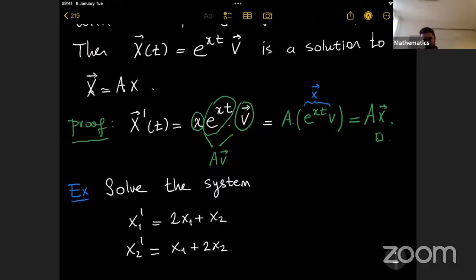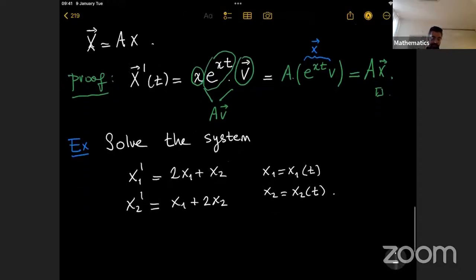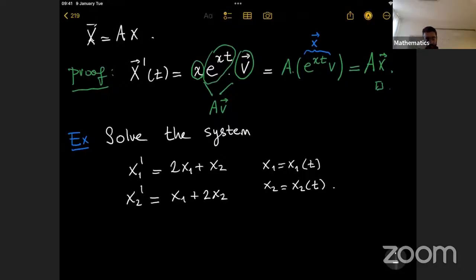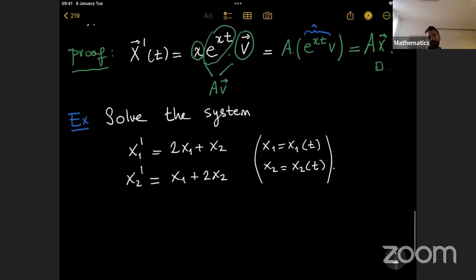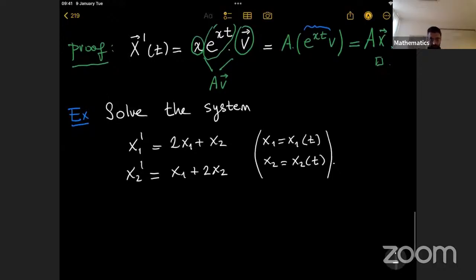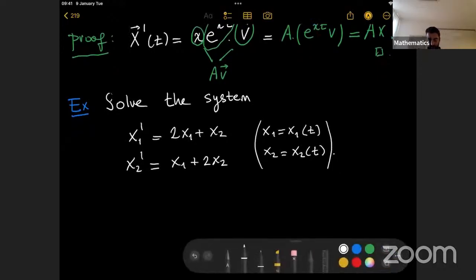Here x1 is a function of t, x2 is another function of t, and this is the system. We don't have any initial values here.